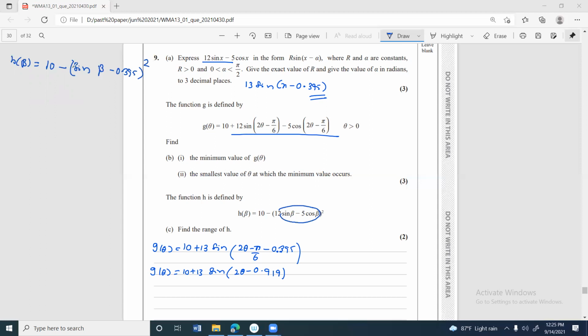Sorry, 13 times of that. You just do this, it turns out to be 13 sine beta minus 0.395 whole thing squared. If you do this, it turns out to be 10 minus 169 sine beta minus 0.395 all squared.